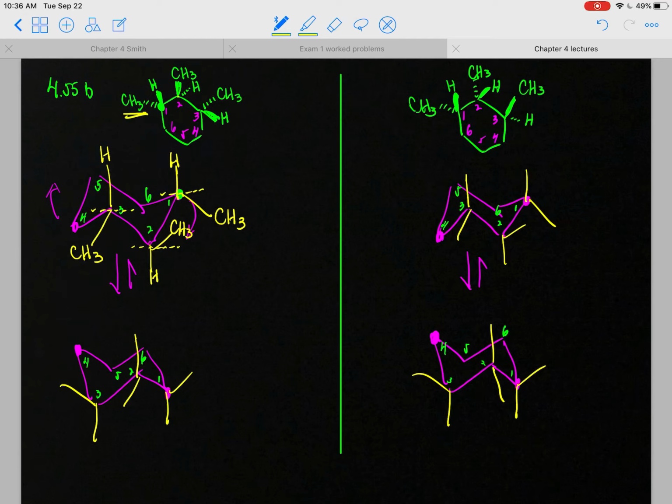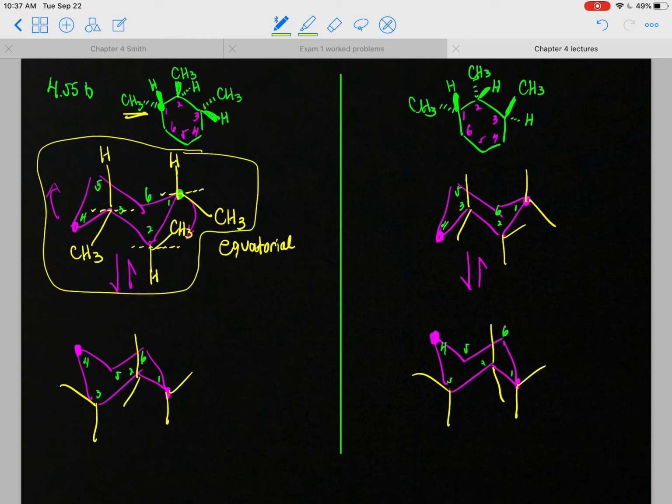Okay? When I look at this structure, I see all equatorial substituents. So I'm guessing that's going to be the winner. That's going to be the lowest energy conformation. I mean, I don't see how you could get better than that.